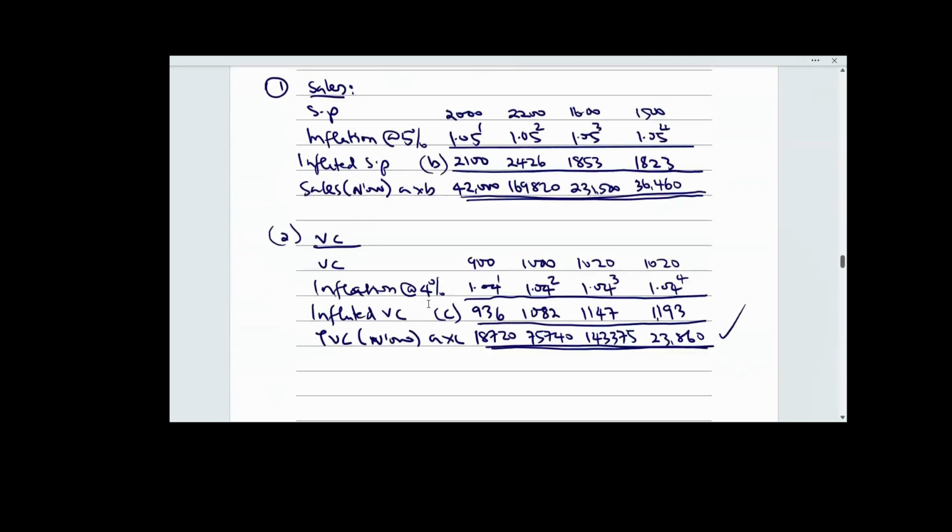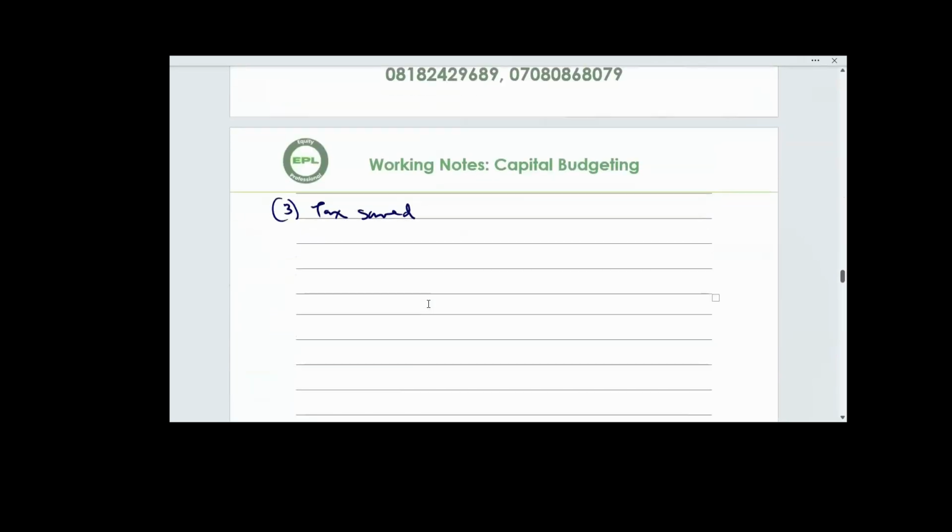Now, let's calculate the tax saved on capital allowance. So there's a format.